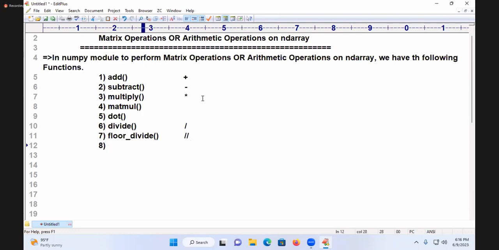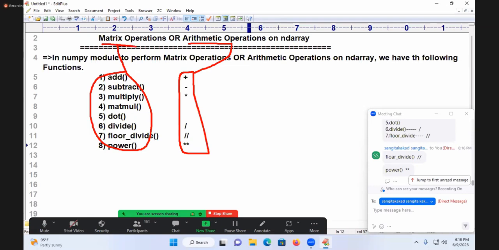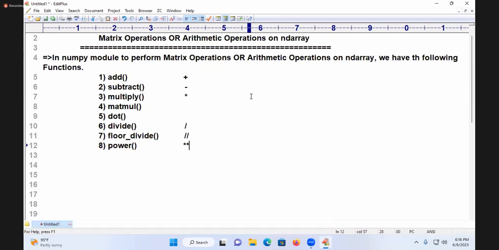Eighth is power, with the symbol double star. This means one way you can do the ND array arithmetic operations is by using these operators, related to matrix operations. That is our today's concept.